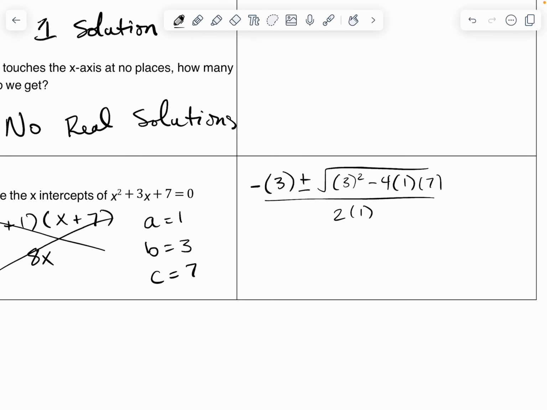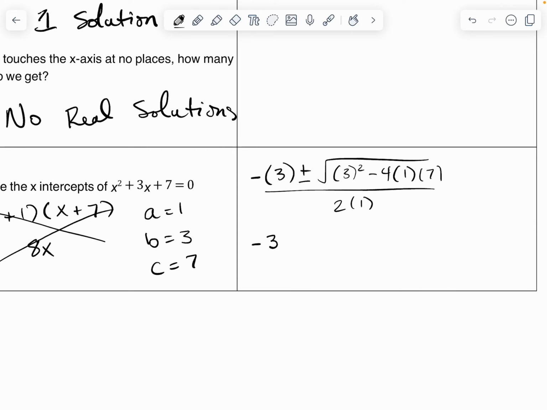If I work out the discriminant part, b squared minus 4 times a times c, that's going to give me 9 minus 28. Which is a negative 19. So we have negative 3 plus or minus the square root of negative 19. Okay, so negative 3 plus or minus the square root of negative 19 all over 2.